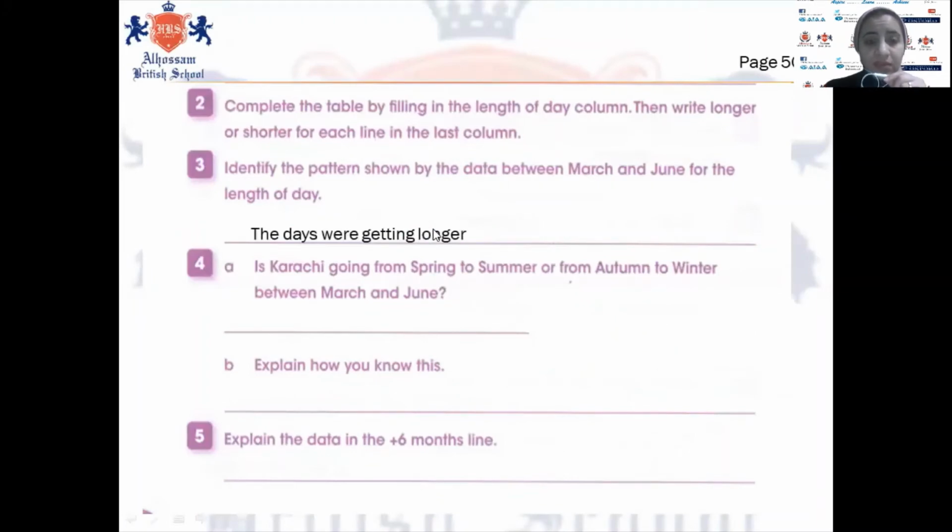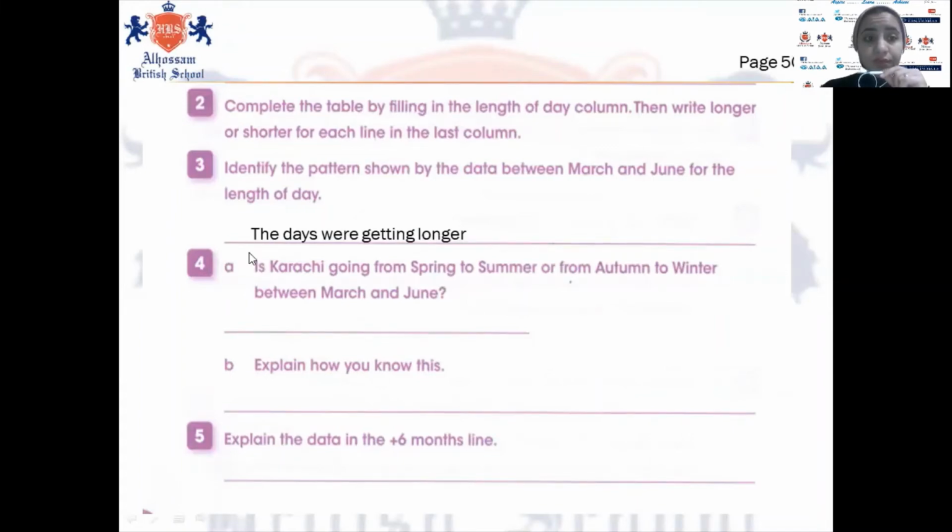Okay. Is Karachi going from spring to summer or from autumn to winter between March and June? This is 3 months, so the season will be different, okay? It will be from spring to summer or autumn to winter.